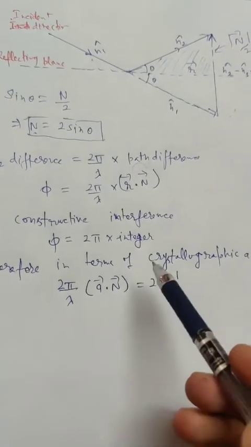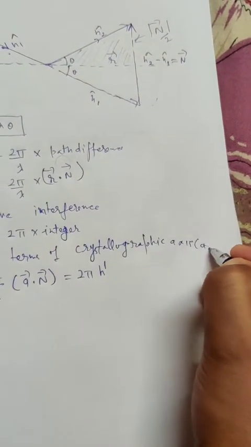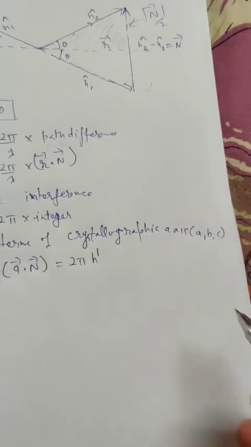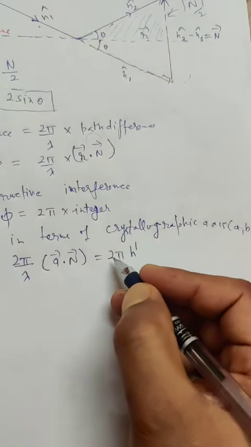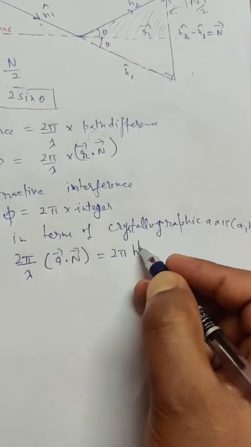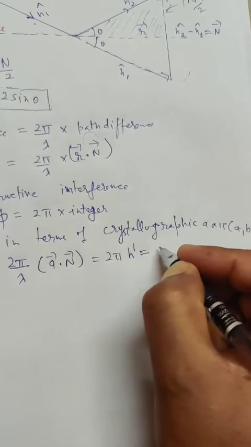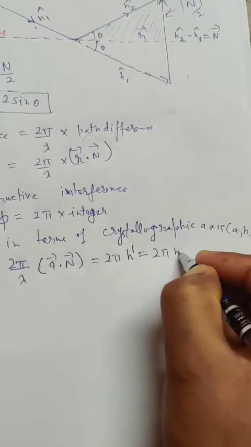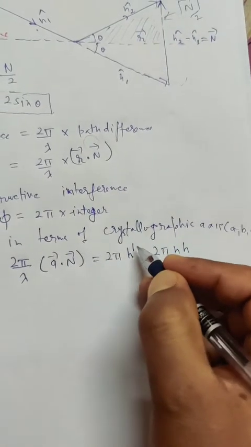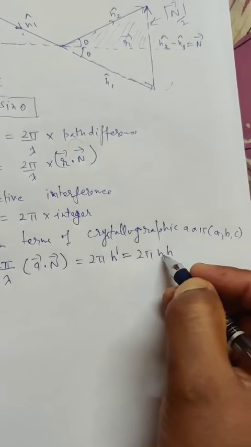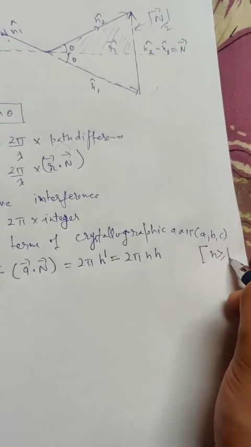Since these crystallographic axes A, B, C have particular Miller indices H, K and L, this will be 2 pi h, where h dash is for the particular Miller index. This will be 2 pi n h, where n is greater than or equal to 1.